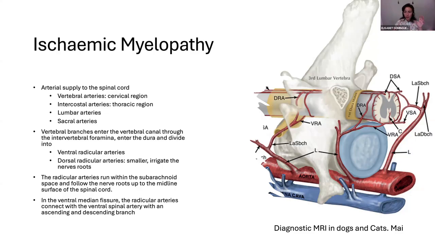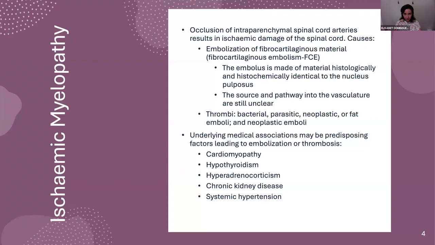Okay, so from that level, we will go deeper and deeper to obtain little branches that will irrigate the spinal cord parenchyma. So what's ischemic myelopathy? When we have an occlusion of the intraparenchymal spinal cord arteries, so little arteries that irrigate the spinal cord parenchyma, this may result in an ischemic damage to the spinal cord.